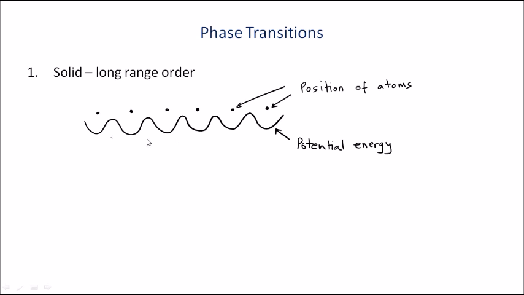This is a representation of a one-dimensional solid. The atoms are arranged periodically and the potential energy of the atoms along the length of the solid looks like this. As heat is supplied, the atoms increase their amplitude of vibrational motion till the point that they can go over the potential barrier and move relative to each other. This is what we observe as melting.